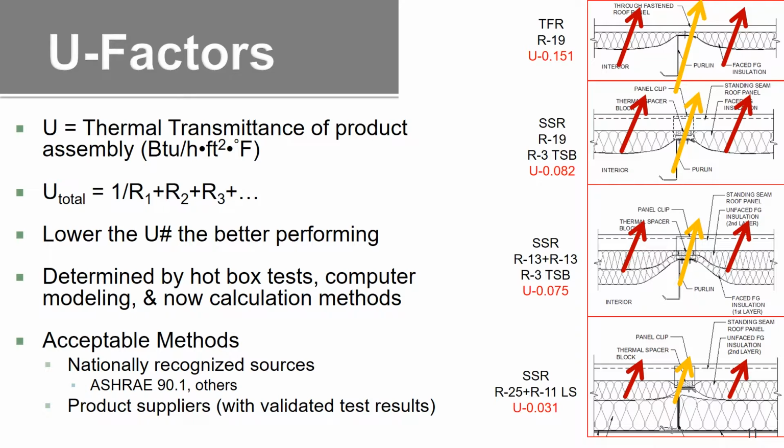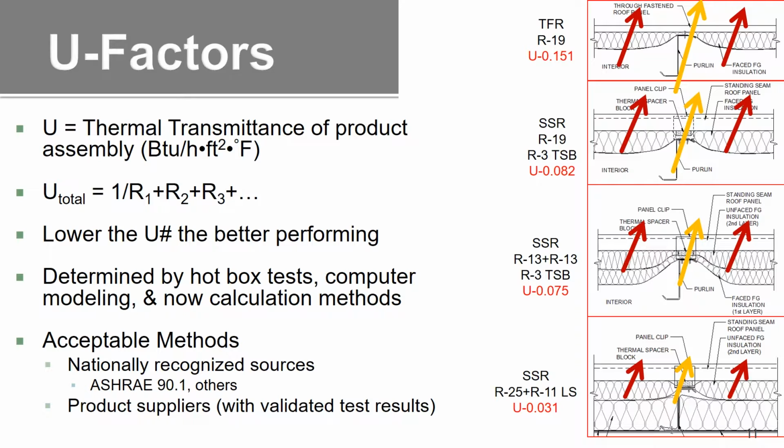These U factors are determined by hotbox test via the ASTM standard for hotbox testing, also done by computer modeling, and based off of validation, new calculation methods are being introduced within ASHRAE 90.1 for metal building roofs and walls.